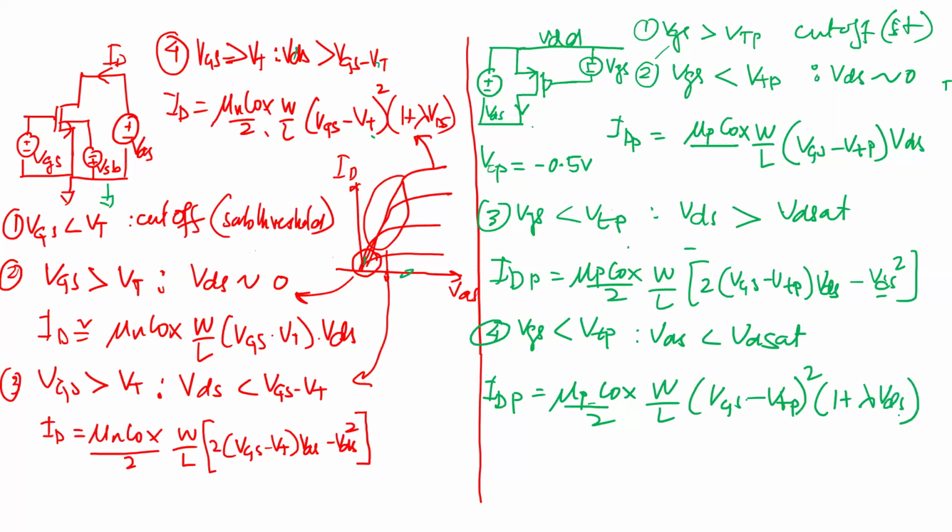Okay. So basically same equation, it's just that your lambda is going to be different, mu P is going to be different for the PMOS.